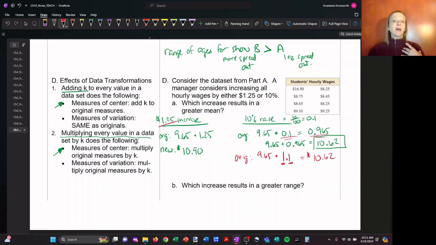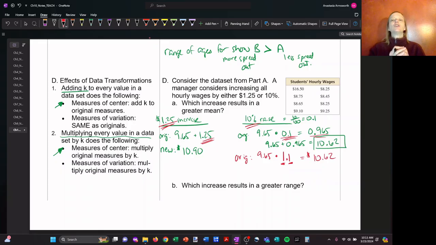If you're talking about a dollar increase or a value increase that you're adding to every number in the data set, you just add that same value onto your mean or your median or your mode. And if you have a percentage increase, if you're multiplying every value in the data table by the same amount, then you multiply your mean, your median, or mode by that increase value.